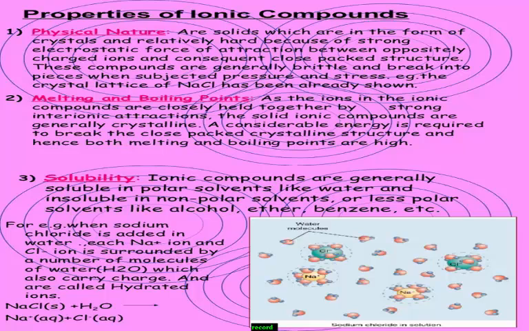As the ions in the ionic compounds are closely held together by strong attraction, the solid ionic compounds are generally crystalline. A considerable energy is required to break the close packed crystalline structure, hence both melting point and boiling point are high. Remember, ionic compounds contain high melting and boiling point.